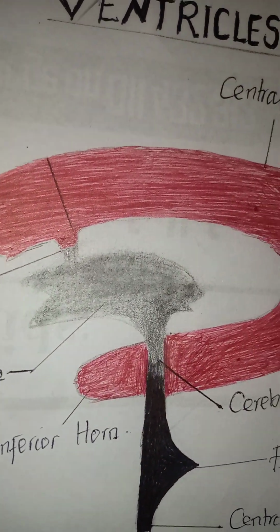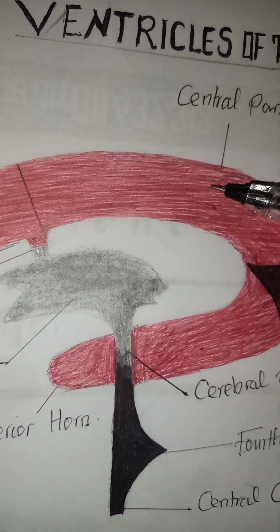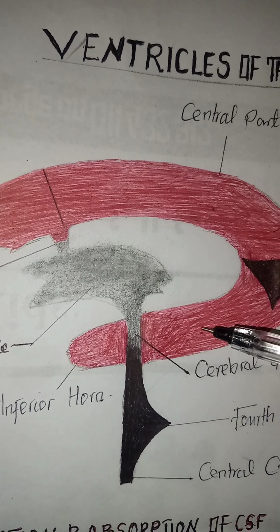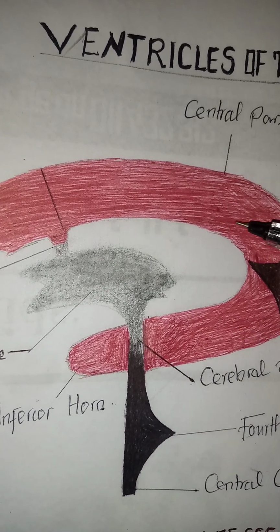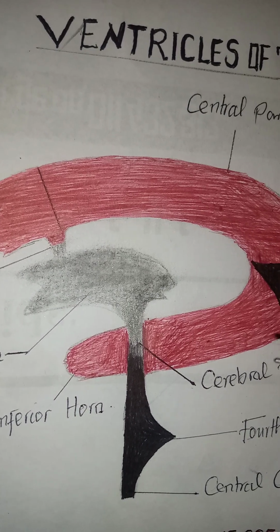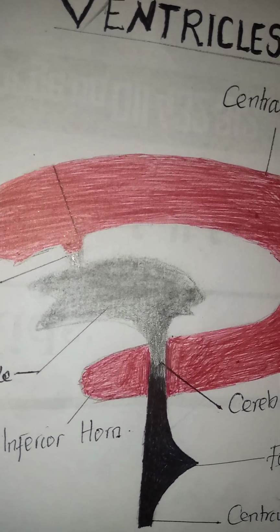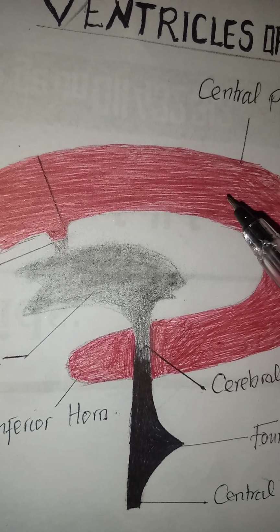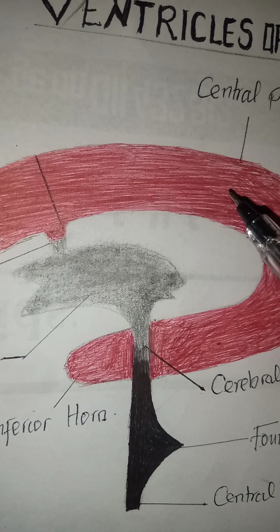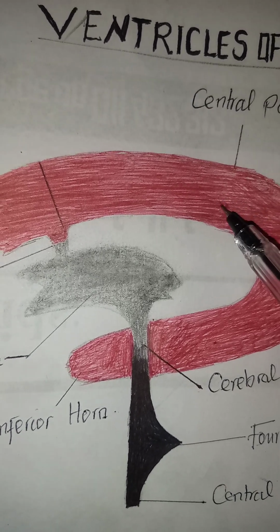Okay, so let's start with the lateral ventricle. In terms of the shape, the lateral ventricles present a C-shaped structure. That's how they present. Then in terms of the position, the lateral ventricles lie on each side of the cerebral hemisphere.